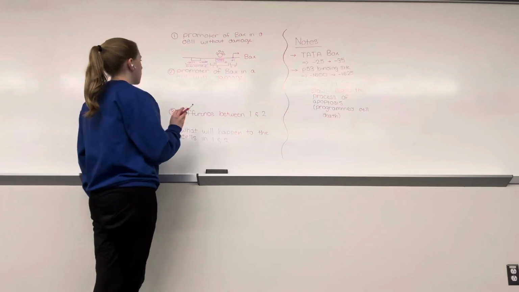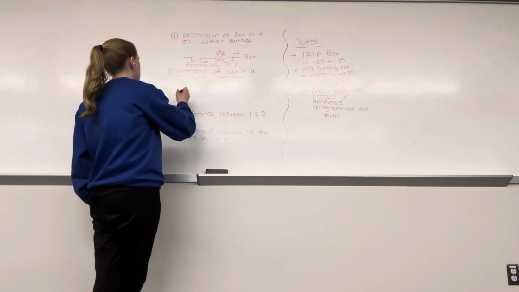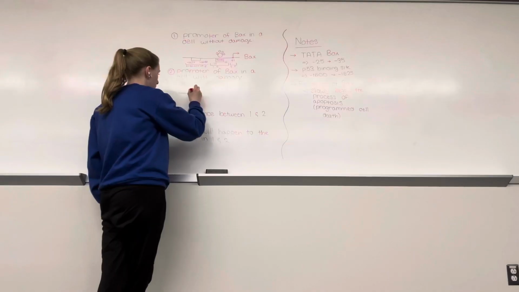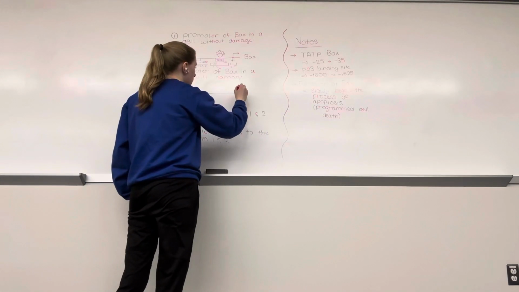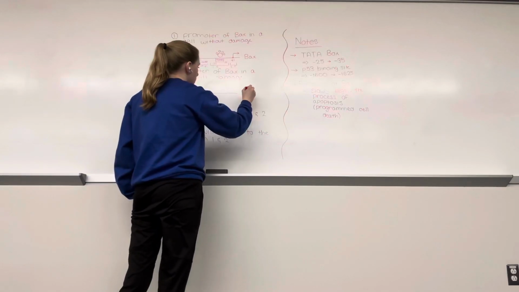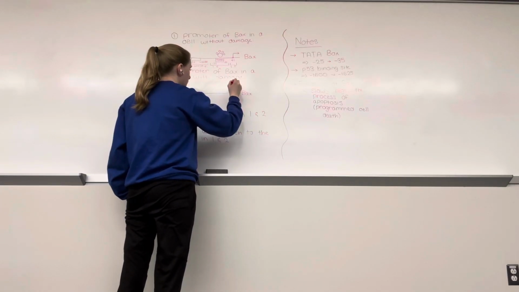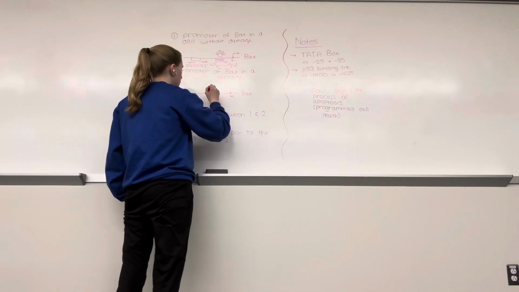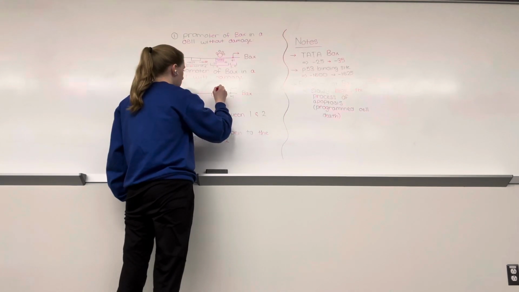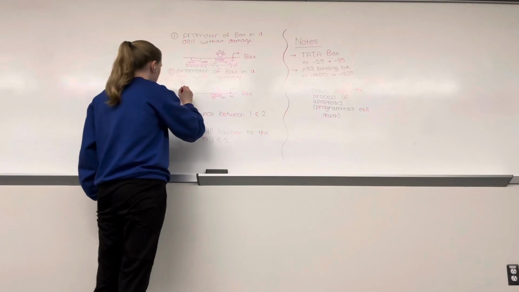Okay, so for the promoter of Bax in a cell with damage, it would look pretty similar, but so Bax on the end. Then we still have that starting site at +1 right here. And then TATA box with the same location, -25 to -35.